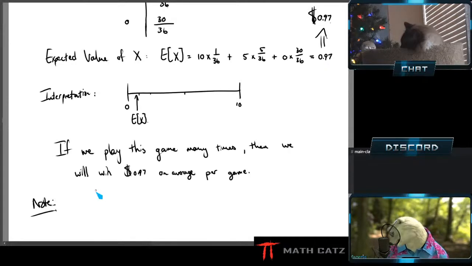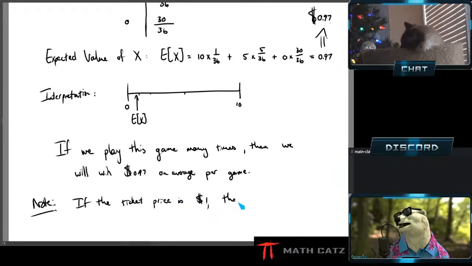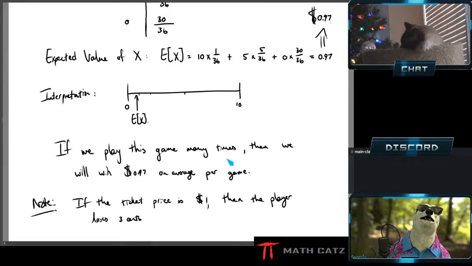For example, if the ticket price is $1, let's say, then the player loses 3 cents, more or less, right? I rounded this.